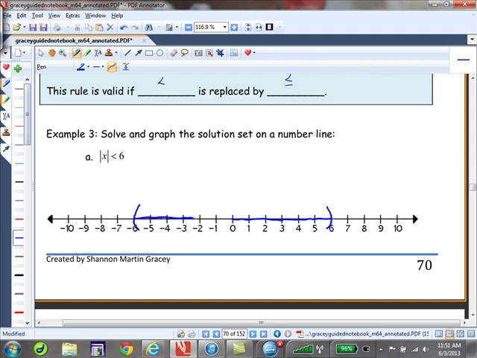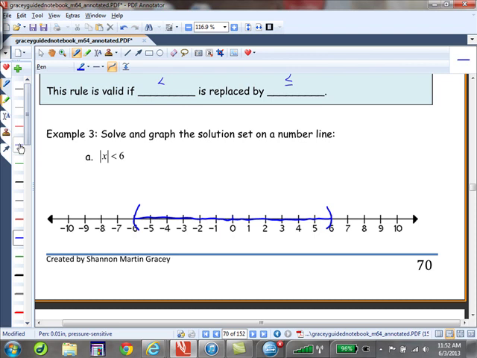So what ends up happening most of the time with a less than absolute value inequality is that you'll get a segment of the line. When we start going to greater than absolute value inequalities, you'll usually end up with the tails of a line. So this is just a part of a line, a segment of a line.